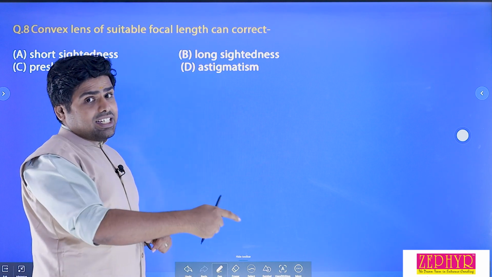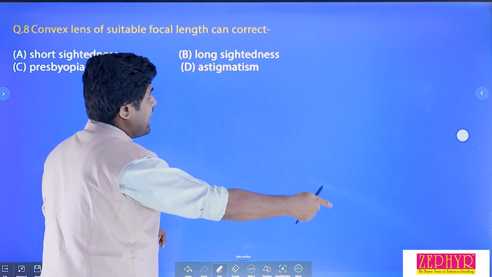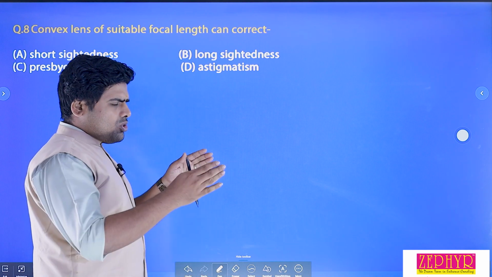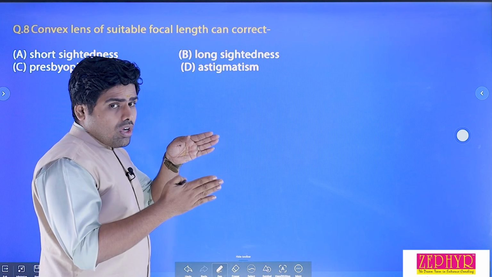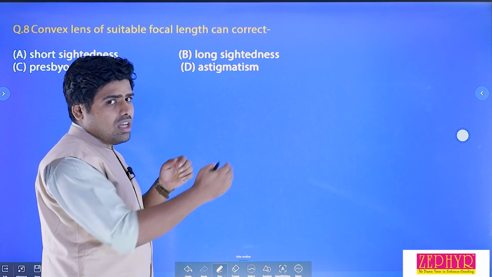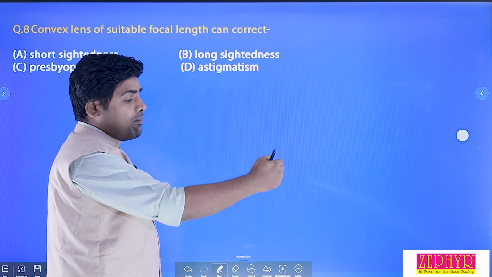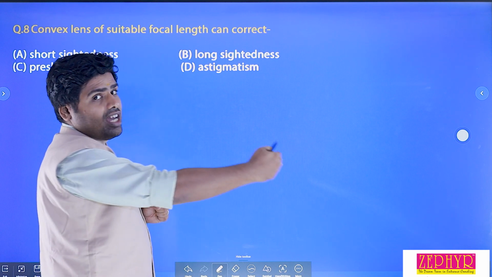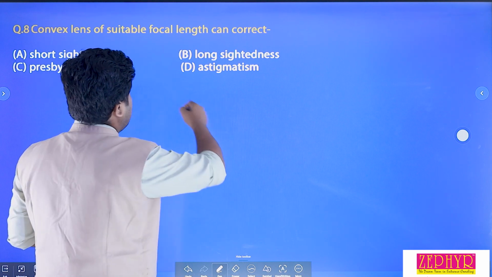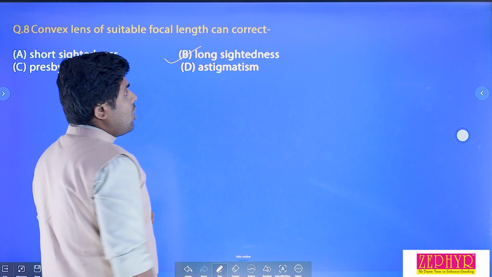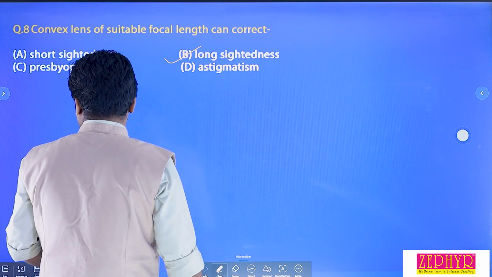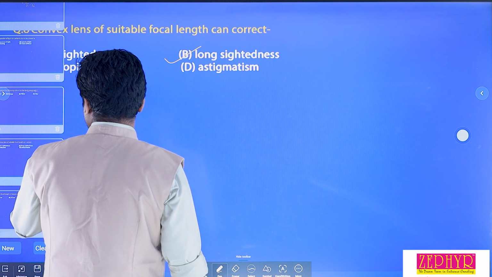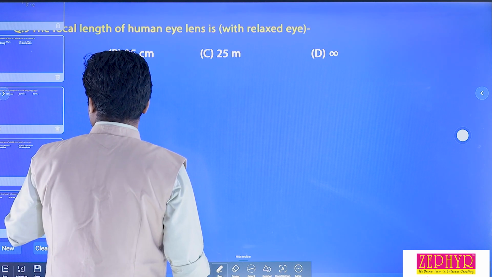During long sight, the image is formed behind the retina. So we use a convex lens to adjust the focus from behind the retina to the retina. So the right answer is long sightedness. Then the next one, our last question.